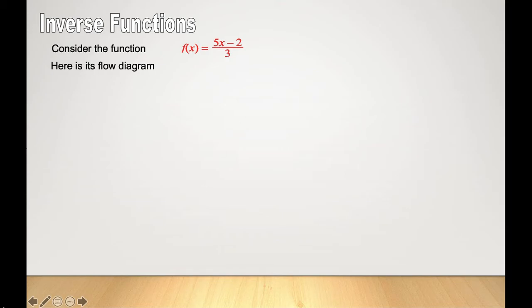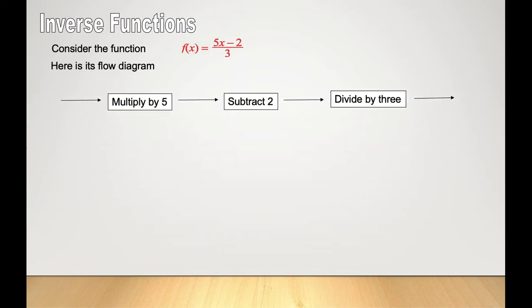So we'll start with the flow diagram. As per the flow diagram, you have to multiply x by 5 to get 5x. Then the next mathematical operation is to subtract 2 to get 5x minus 2.